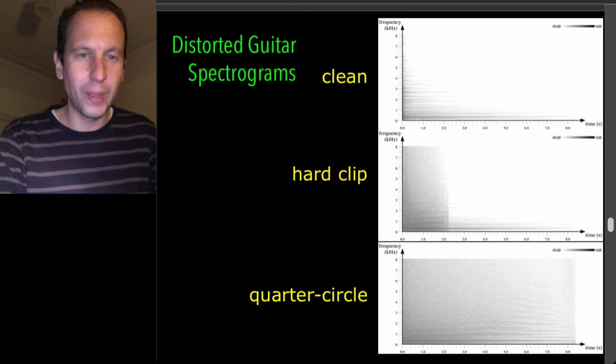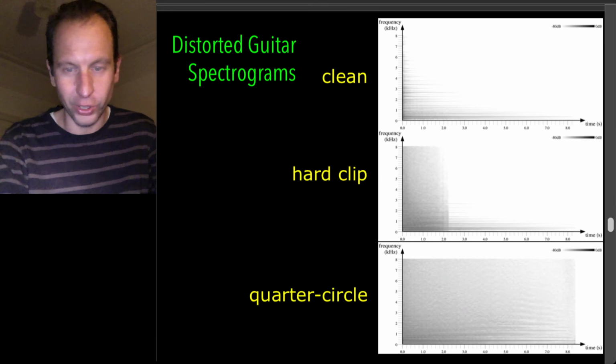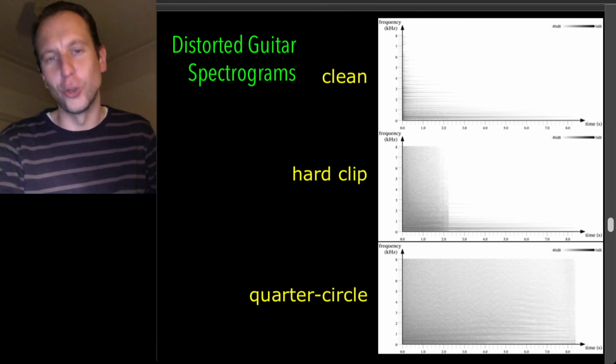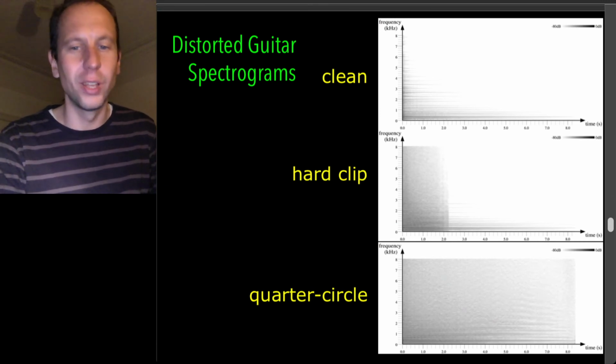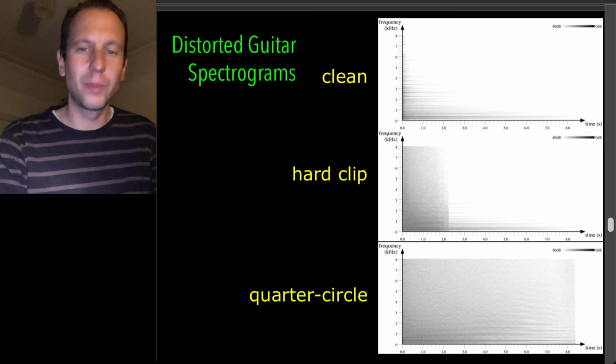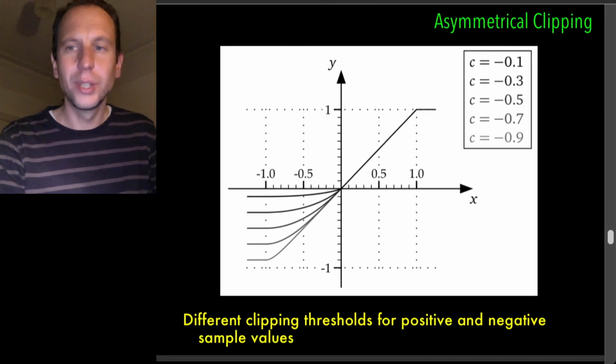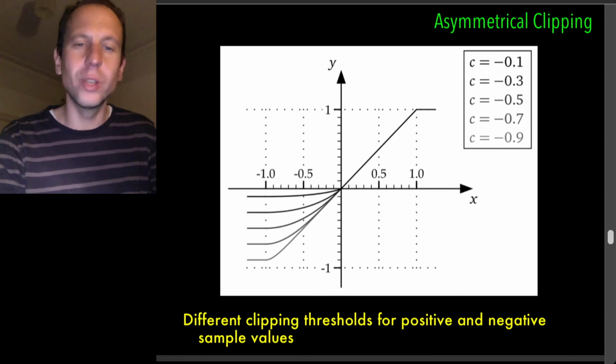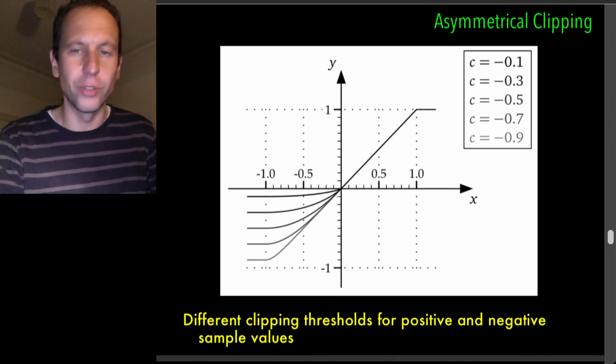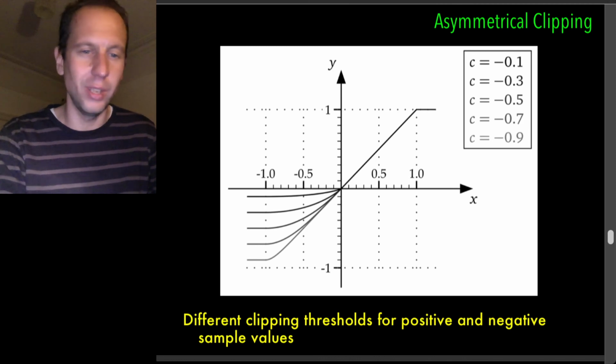Spectrogram of different distortions, clean, hard clip, and quarter circle, just to show you that hard clipping is not the hardest thing. By far not. And then an important chapter here is the asymmetrical clipping. Okay, so as soon as the transfer is asymmetrical, there is a different threshold in positive and negative, and here you have a few different negative ones based on different C values.